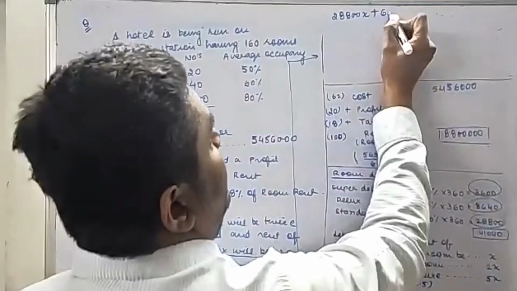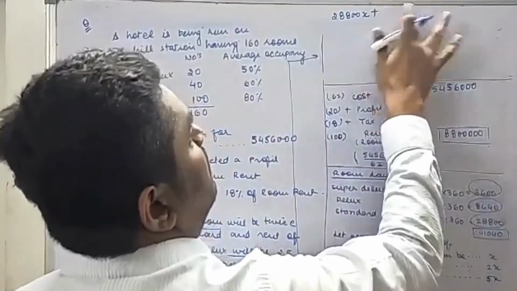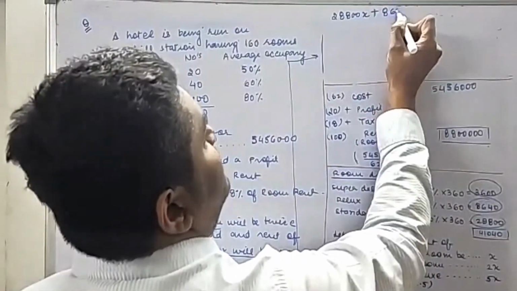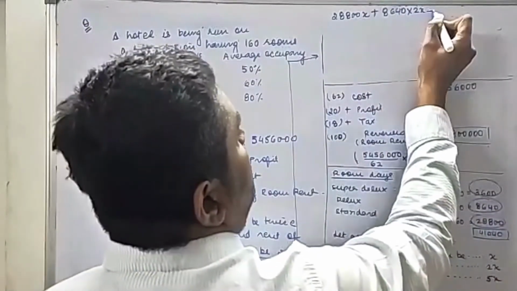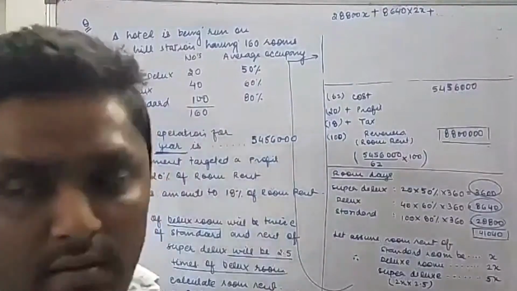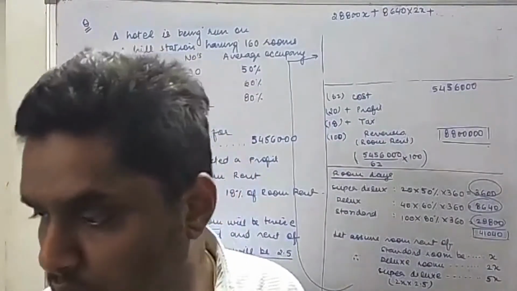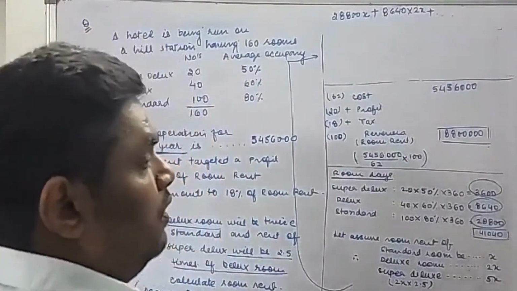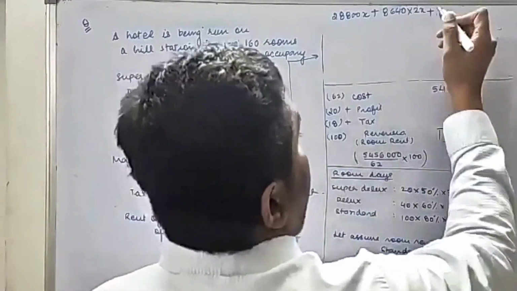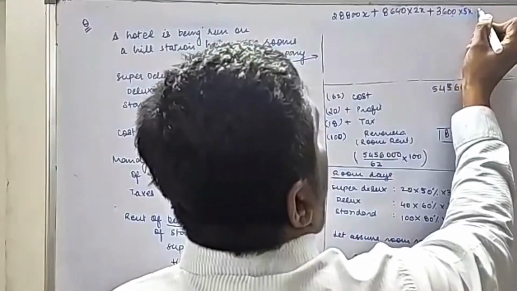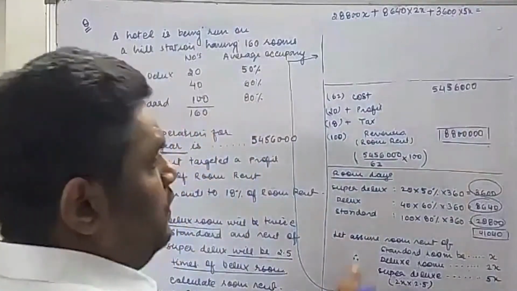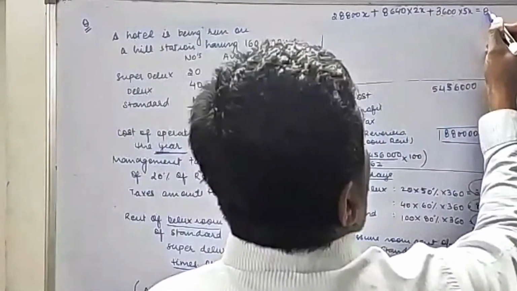So 8640 into 2x plus 3600 into 5x. And this should be equal to 88 lakh.